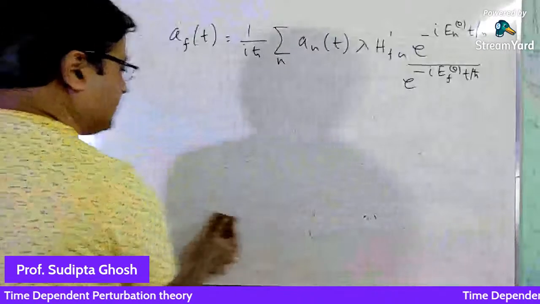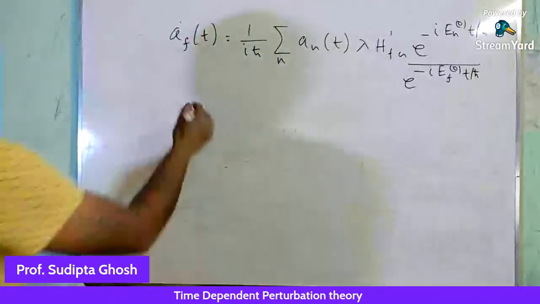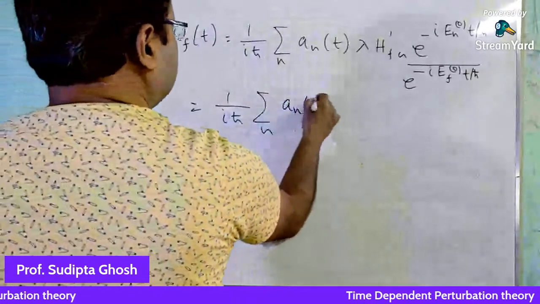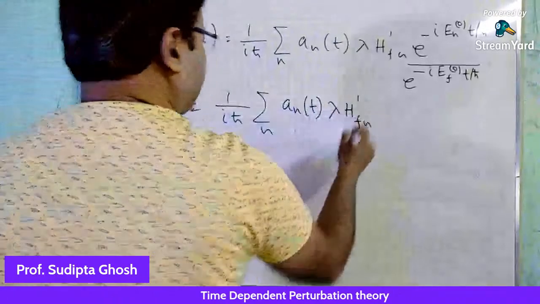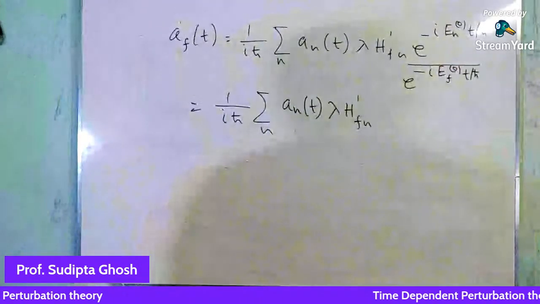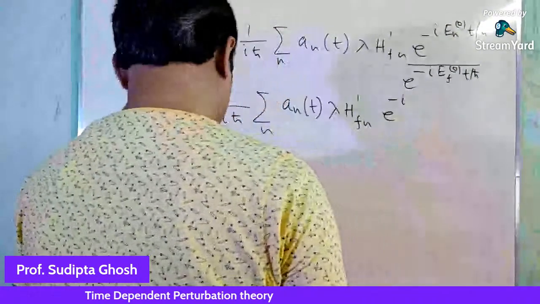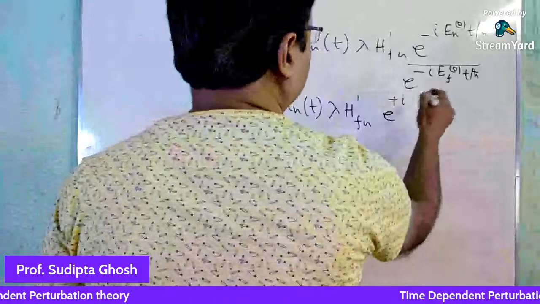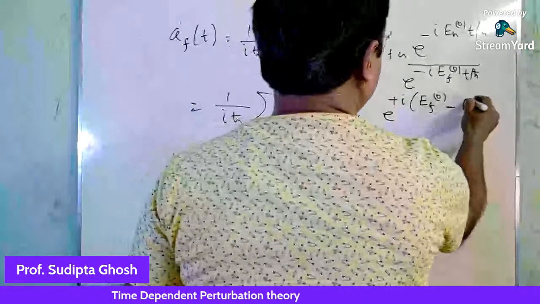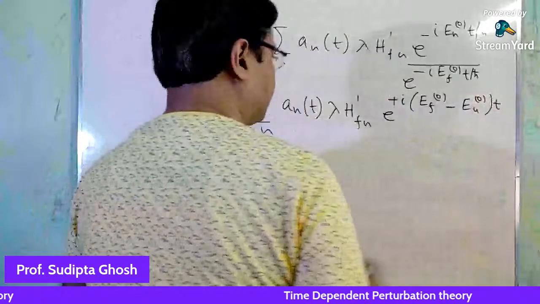we can take the denominator, that is 1 by ih cut summation over n a n t lambda h prime fn, and then e to the power, as I have taken i common, i ef0 minus en0 t by h cut.